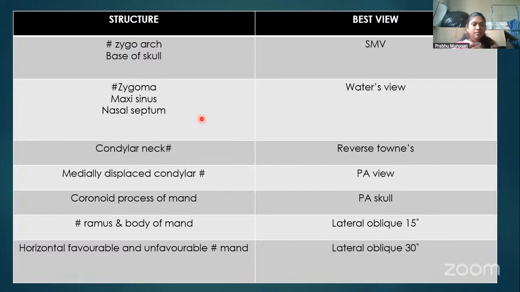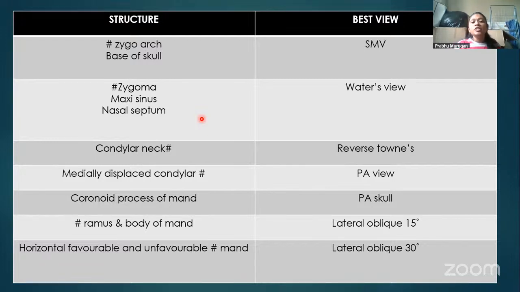When you remember this table, you'll be able to answer the questions. If in an MCQ they ask you, there's a patient with a base of skull fracture, which type of skull radiograph will you use? The answer is the submental vertex projection. So remember the structures and the best view or projection for that particular entity.